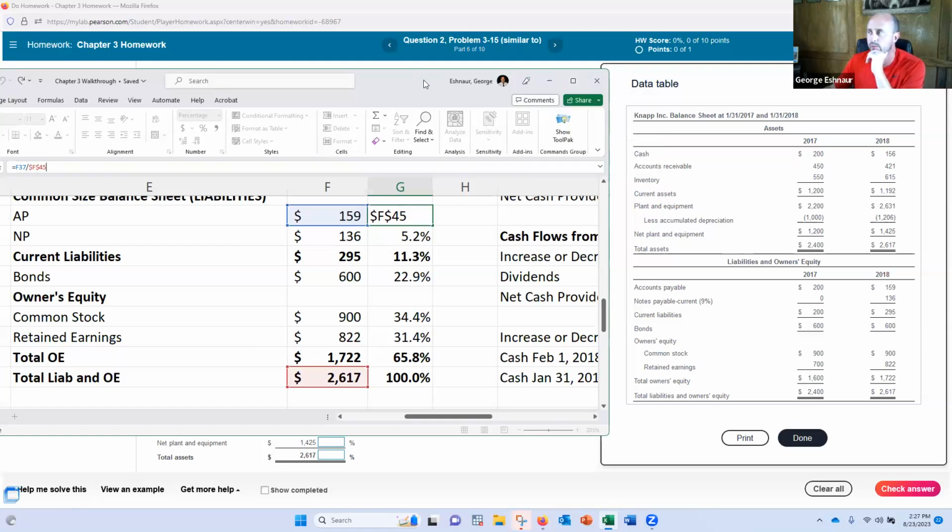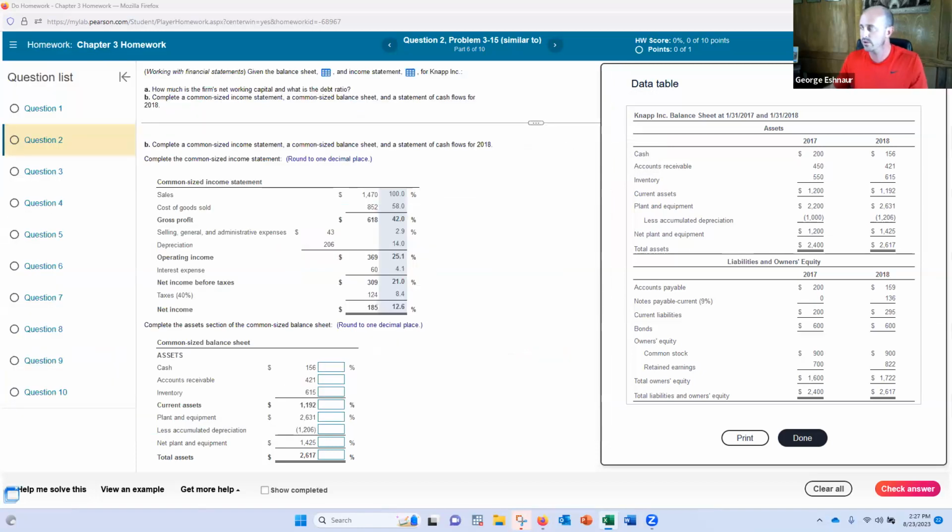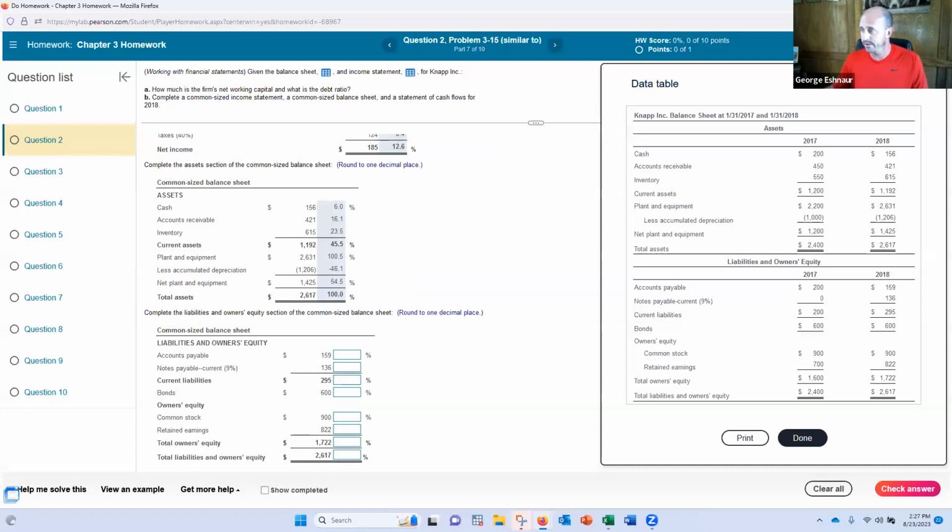So let me pop these two in real quick in terms of the answers so that we can move to the next question. So cash is 6. And then let me pop in the balance sheet.